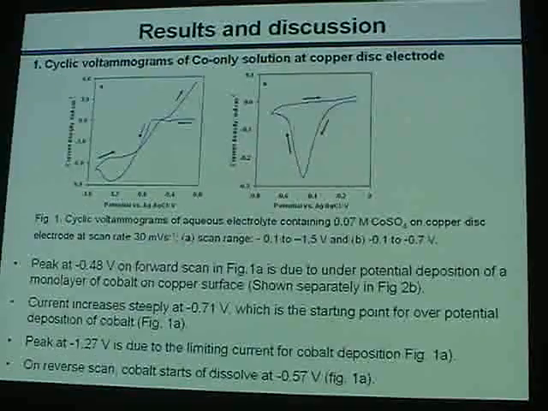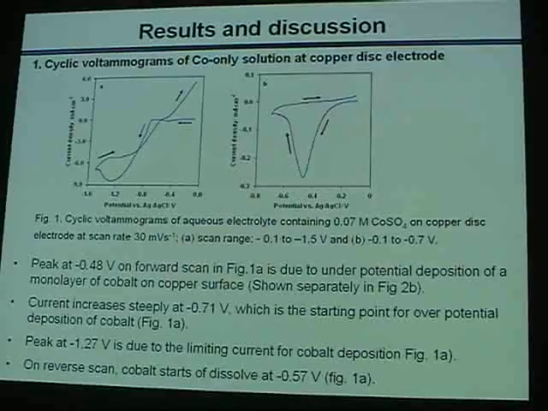This is our first experiment, a very simple cyclic voltammogram of cobalt sulfate solution in deionized water. We started scanning from -0.1 volt toward the more cathodic direction, and we got a peak, which is due to the reduction of cobalt.